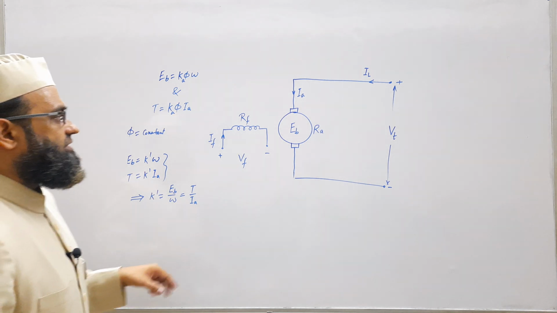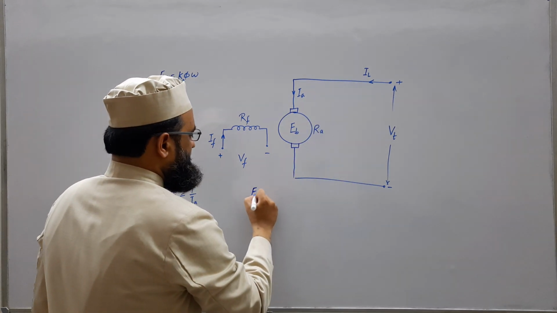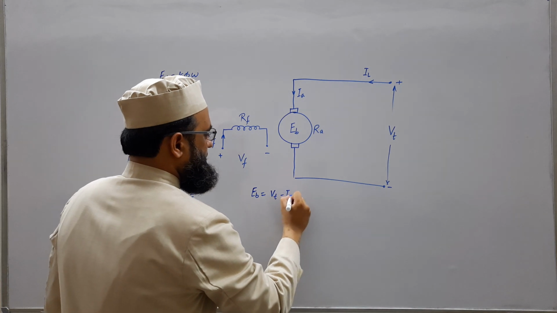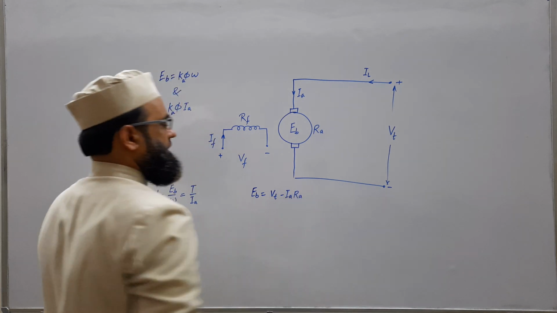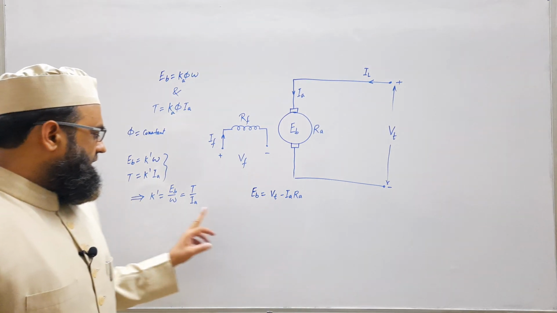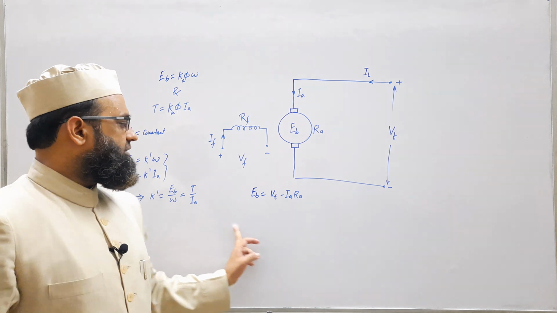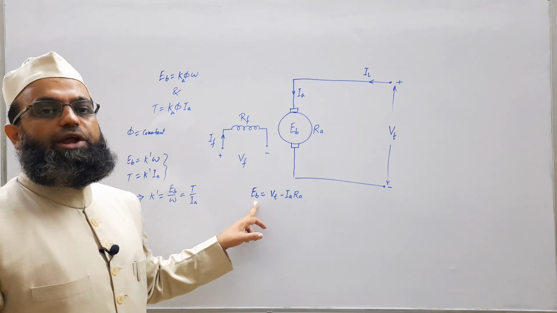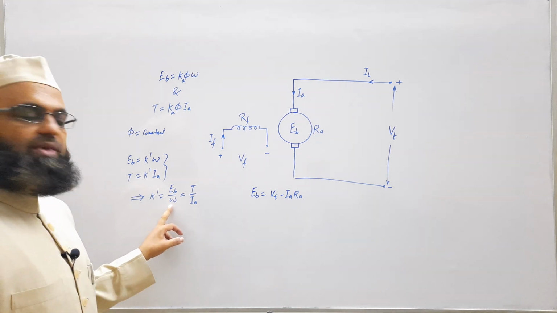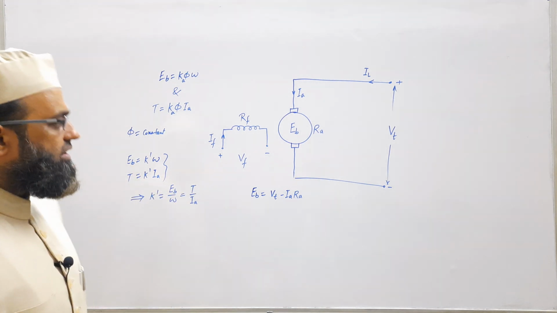As discussed, the KVL equation may be written as EB is equal to Vt minus Ia Ra. So if the rating of the machine is given and the armature current at any loading condition is given, then the corresponding EB can be obtained. If EB can be obtained and omega, speed, is given, then K dash can be obtained. There are many ways, we will discuss later.